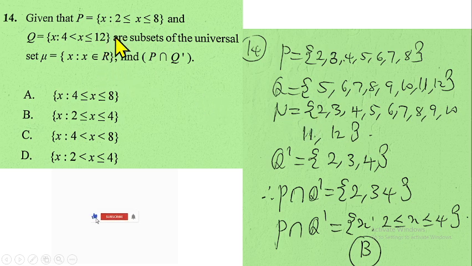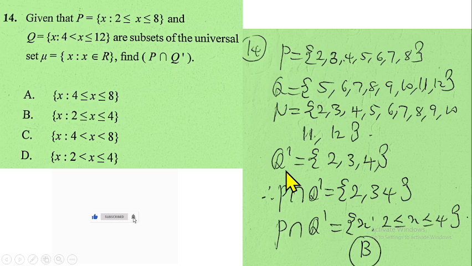From 2 to 12, because P and Q are subsets of the universal set. So all the elements here are supposed to be in the universal set. So the universal set will start from 2 and end at the highest number, which is 12.